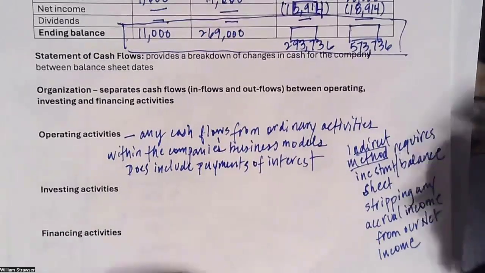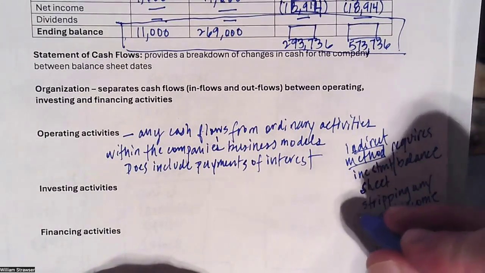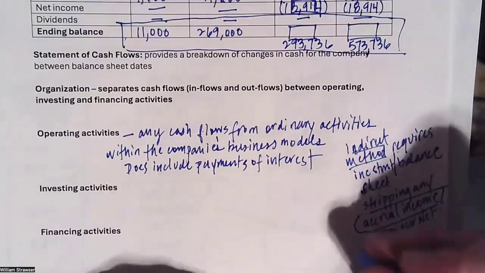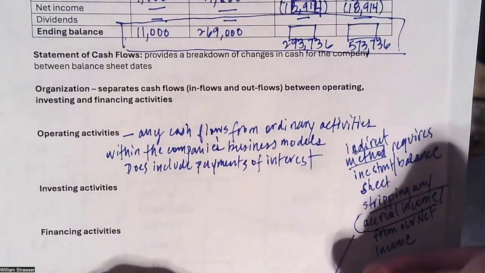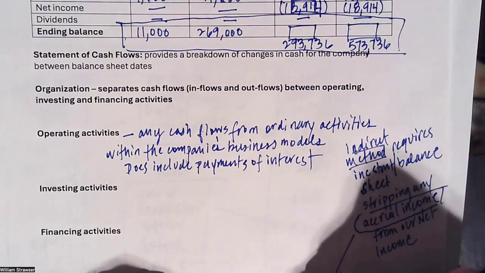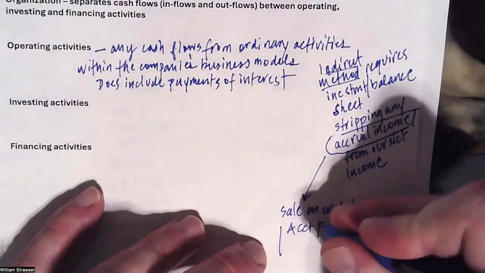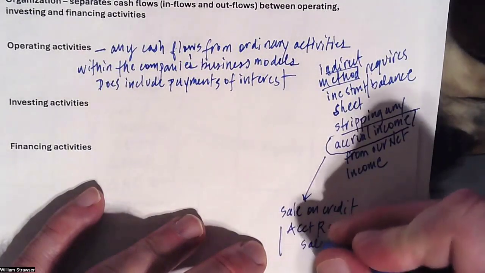So what is accrual income? For example, if I made a sale, this might seem like a weird term to you, accrual income. If I make a sale on credit, that increases my accounts receivable with a debit and credits sales revenue.